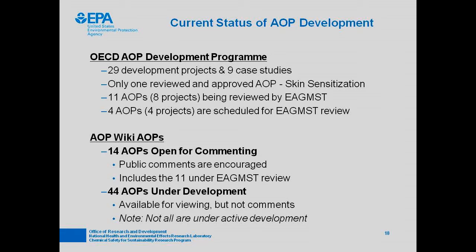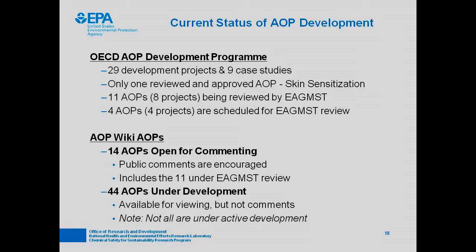And then periodically, if a governing body wants to endorse an AOP, they will pull out a snapshot, and that's what they will endorse. And we're working on some features so that you can quickly determine what the differences are between any given snapshot and the AOP itself.